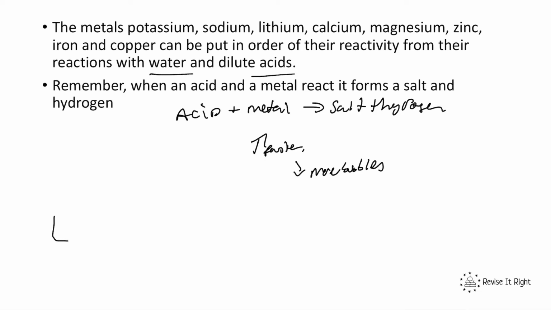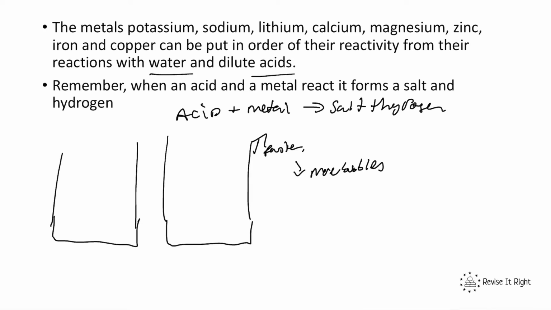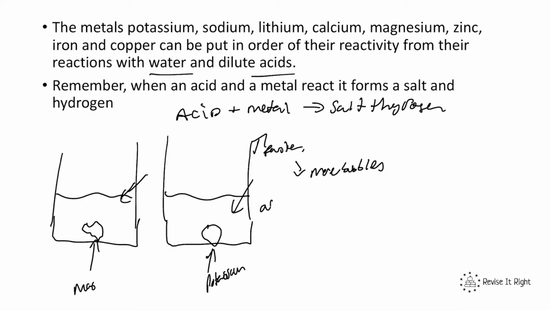So, for example, if we had two beakers, and we had a metal which was here, and a metal which was here, and we said that this was magnesium, and this was potassium, and then we added acid, we could tell which one was more reactive by how vigorous the reaction was and how many more bubbles. So we know that potassium is more reactive, so it's going to be more vigorous, and it's going to give more bubbles than magnesium.